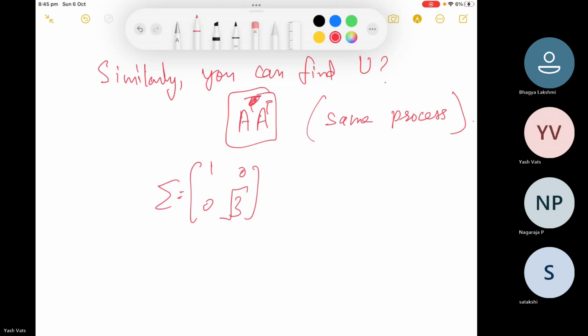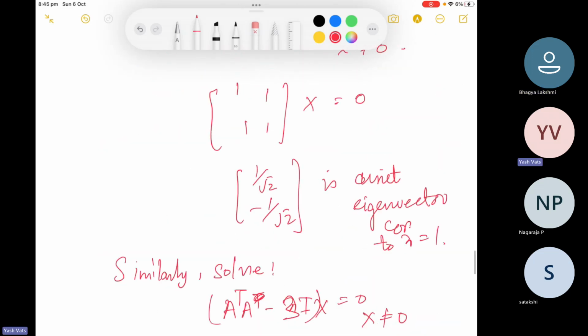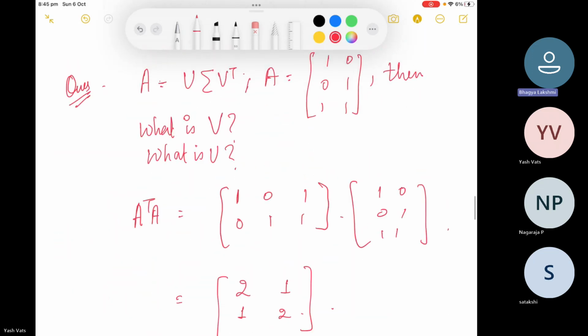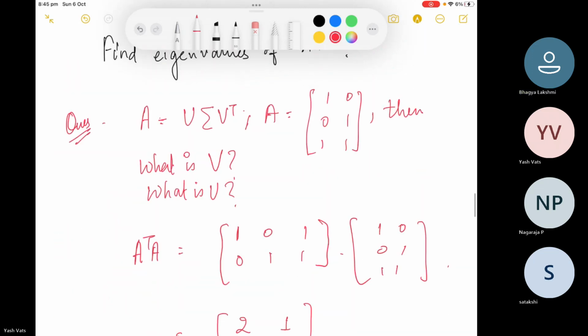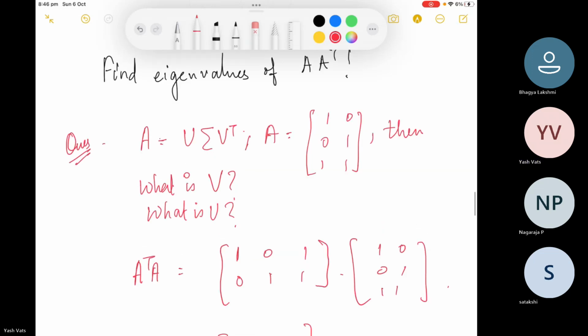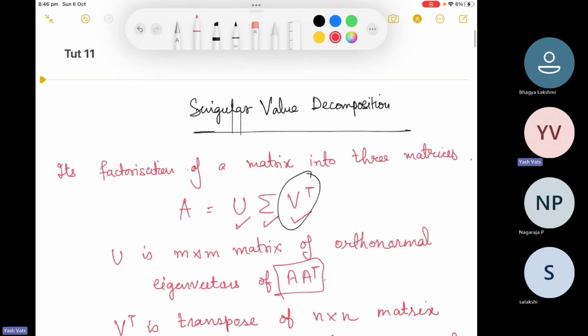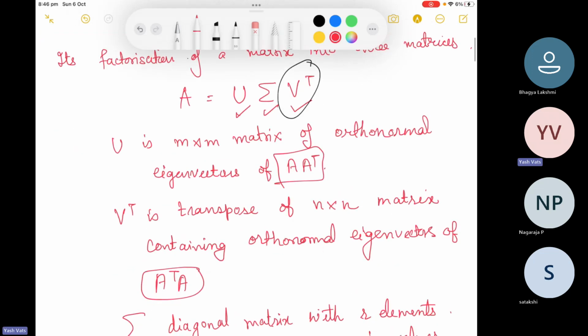Excuse me, sir. Yes. Sir, here A is a 3 by 2 matrix. Yes. Then sigma is also a 3 by 2 matrix. Why is that? Wait. What is sigma?